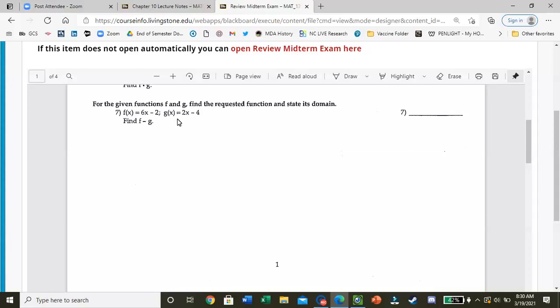For the given functions f and g, find the requested function and state its domain. Here we want to subtract, right? You have to be careful with the subtraction sign because it can turn things negative. You put in parentheses 6x minus 2, minus parentheses 2x minus 4.